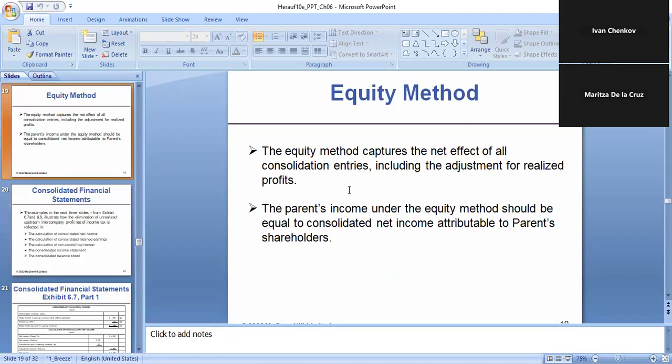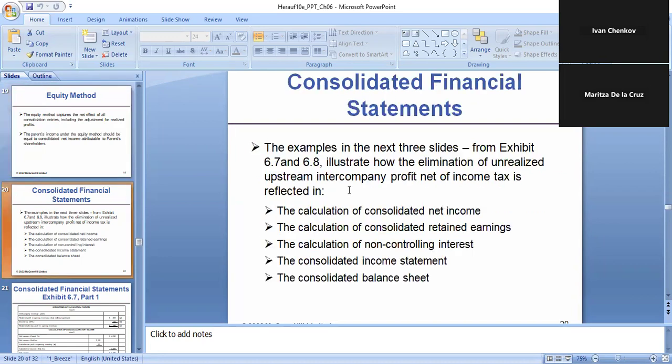Now, the equity method captures only the net effect of the consolidated entity, including the adjustment in the realized profit, and the parent income under the equity method should be equal to the consolidated net income, which is to the parent shareholders. On the consolidated financial statements, how are we going to do this? We're going to take a look in just a second at the example of 6 and 7, how to eliminate the unrealized upstream intercompany profits in this case.